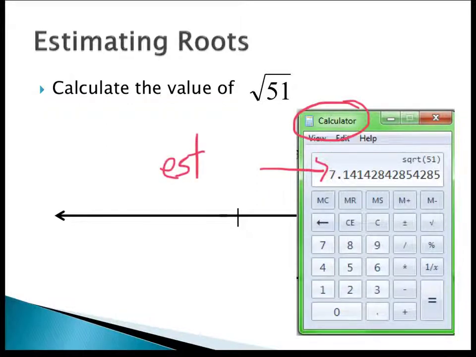This is still just an estimate, because this number actually will go on forever. There will be millions and billions and trillions of digits that will go on forever. But your calculator sure is good at calculating at least a really nice estimate that is well beyond the estimate that we would have come up with by using our number line.